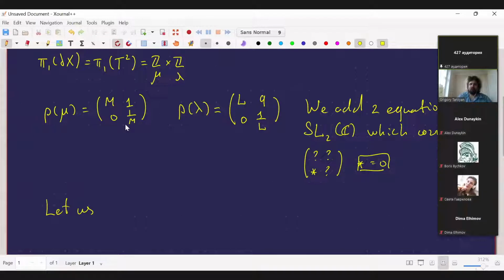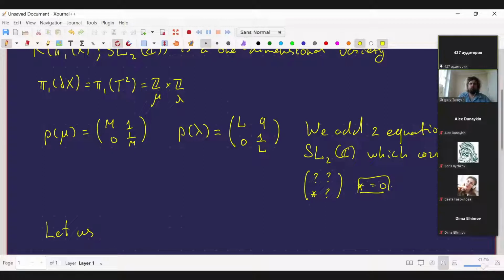Можно еще вопрос? А разве не нужно условие, что ρ от μ и ρ от лямбда коммутируют? Они ведь должны коммутировать, понятно, да, что это представление Z плюс Z. Сейчас, честно говоря, я сходу не знаю.